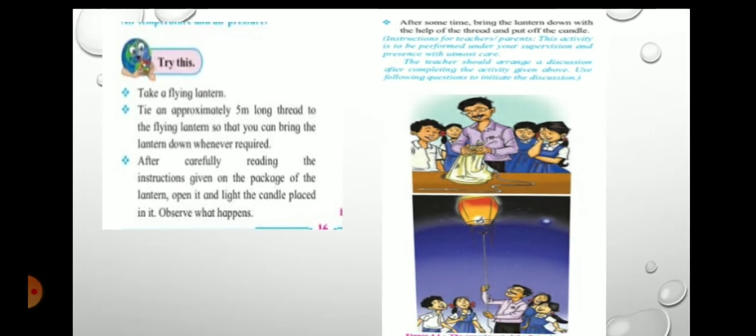Did the flying lantern start ascending immediately after the candle was lit? What would have happened to the flying lantern had the candle got extinguished after the lantern had gone up in the air?